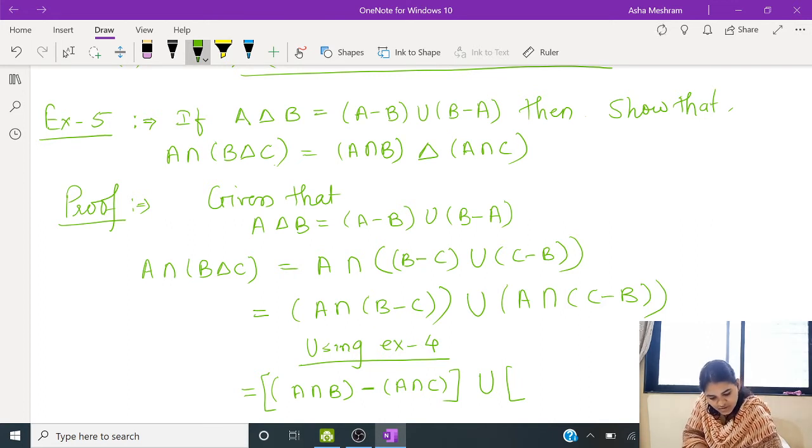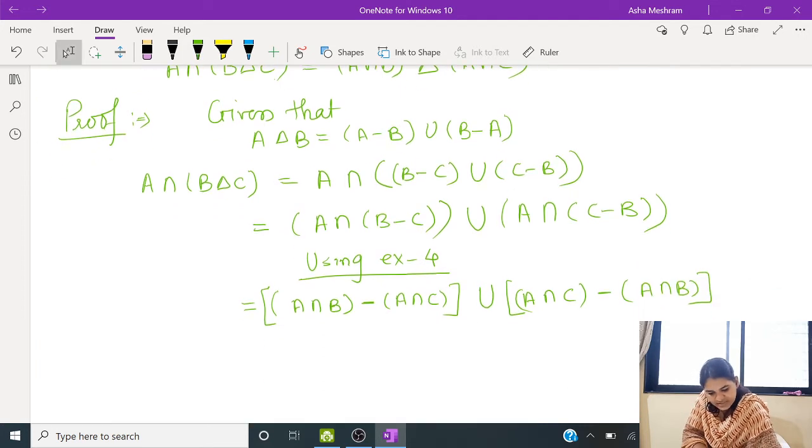This side also, A intersection C minus A intersection B. So if I take this as A and this as B, what I get is A minus B union B minus A.